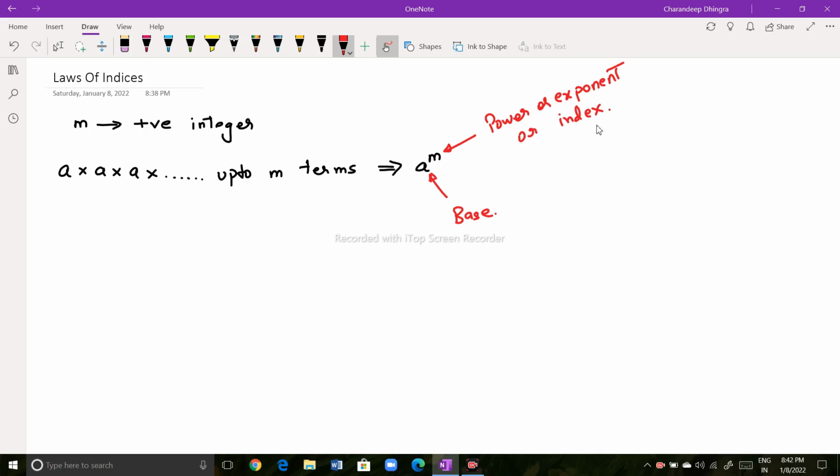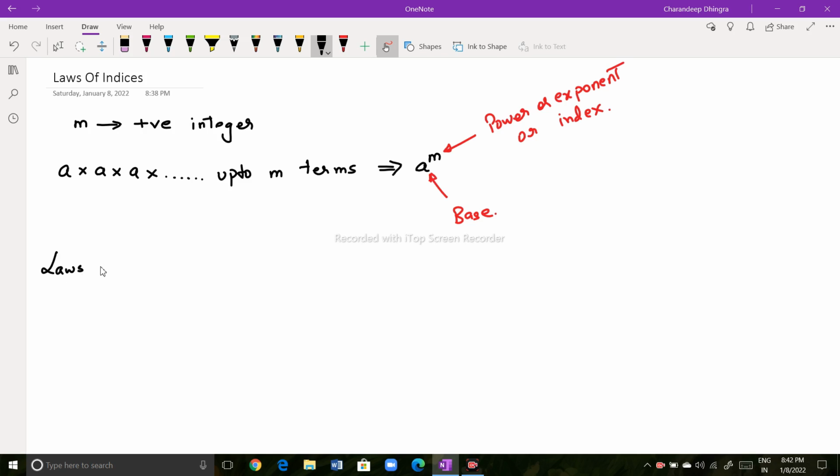That's why you'll find that in some books the name of the chapter is indices, in some books the name of the chapter is exponents. So it's the same thing, right? Now if we have to read this, we'll read this as a power m, or we'll say a raised to the power m. Now let's see the laws.